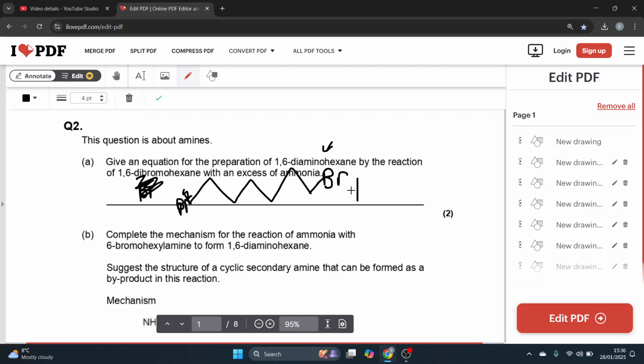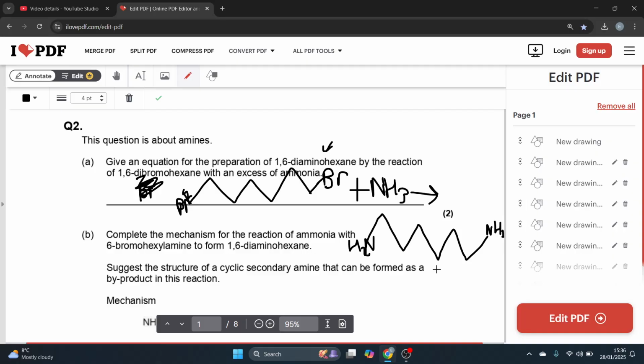And I'm reacting it with ammonia, excess of ammonia, so I know it's going to be more than one ammonia. But what I'm going to form is a diamine. So what it's going to be is something like this. I've got my NH2 here, and here I've also got NH2.